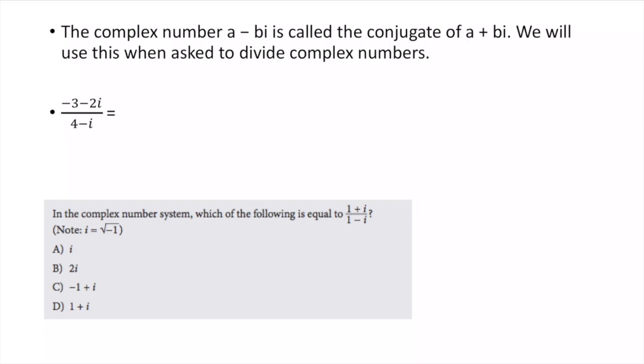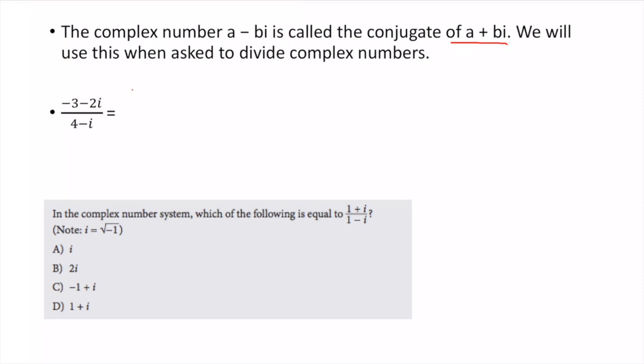Okay, here we're going to divide complex numbers. If we note here, we have this thing called the conjugate. All we're going to do when we divide complex numbers is take the denominator, or the bottom, and multiply the top and bottom by the conjugate of that.